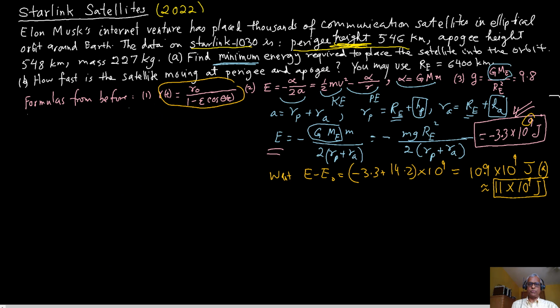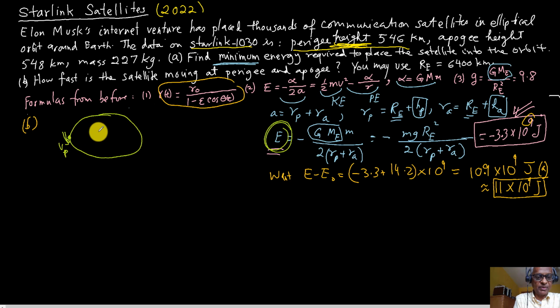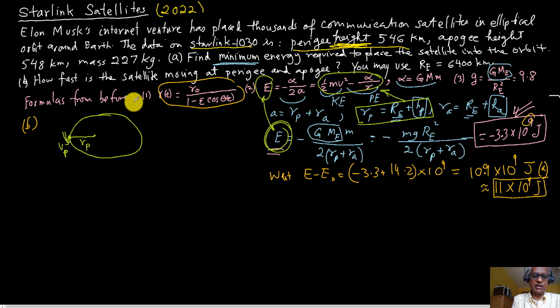Okay, so how do we do B? For B, we will need to use this energy. We want to know how fast it's going, say Vp, and the distance from the axis is Rp. This energy is the same as what we calculated at any point in the orbit.